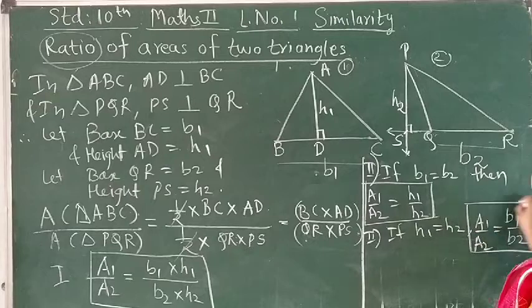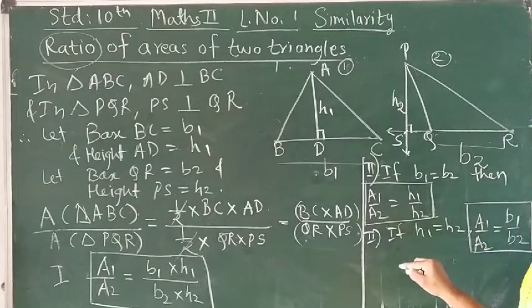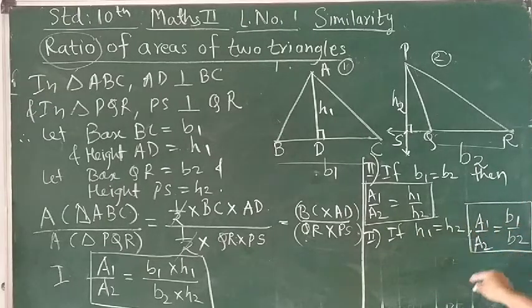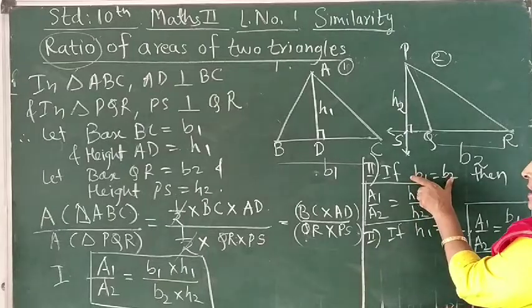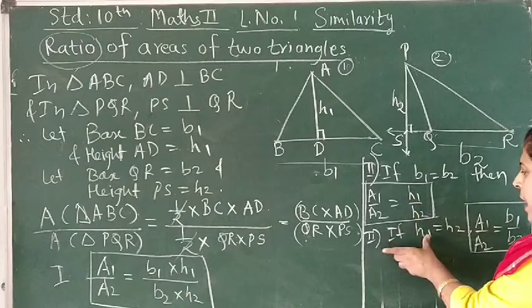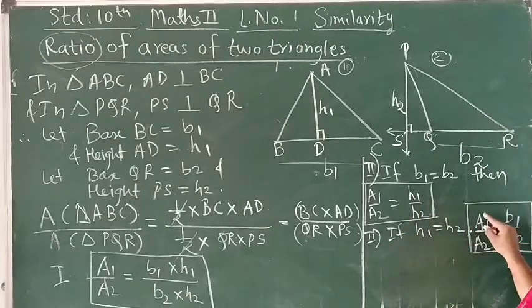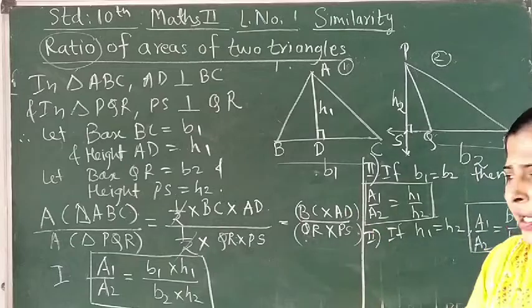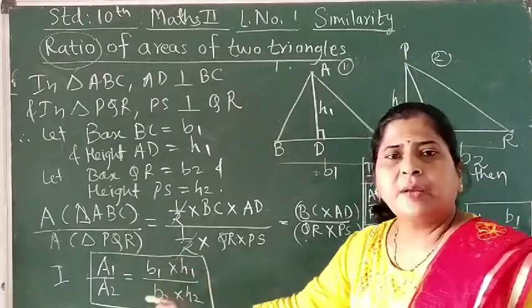It means the ratio of their areas will be equal to the ratio of their corresponding bases. So students, when bases are equal, ratios of areas are equal to the ratios of heights. And when heights are equal, ratios of areas are equal to the ratios of bases. And when both are different, we are taking the products.